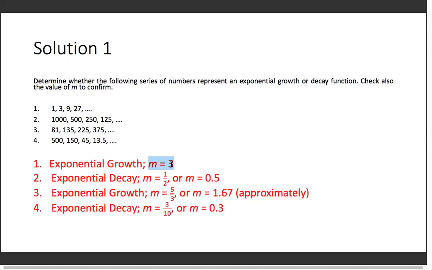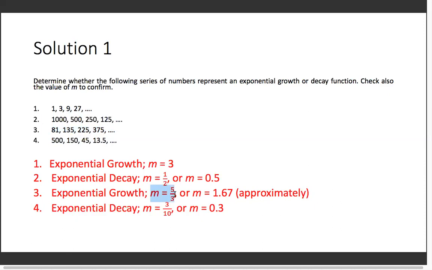In this case, number 1 definitely follows that pattern. Number 3, the same reason. For number 3, the multiplier might be more complicated to determine as compared to number 1, but with a little trial and error, you'll definitely figure it out as 5/3.